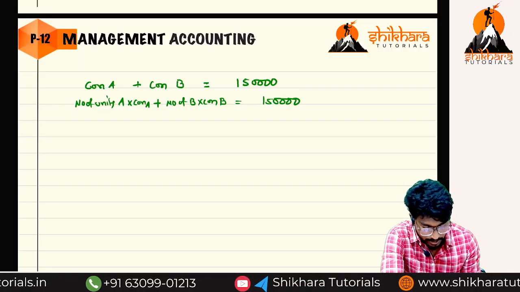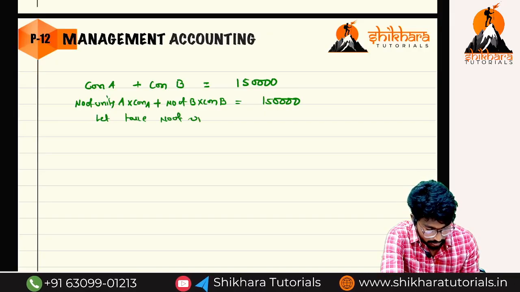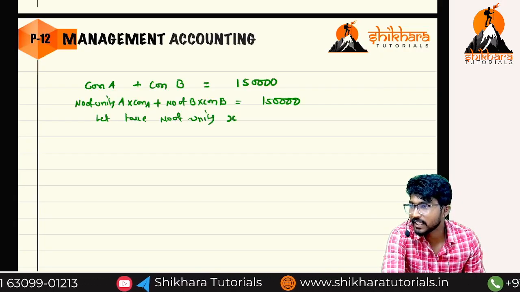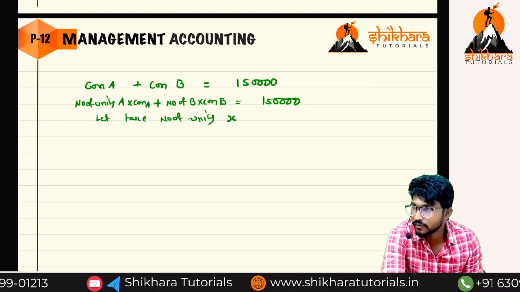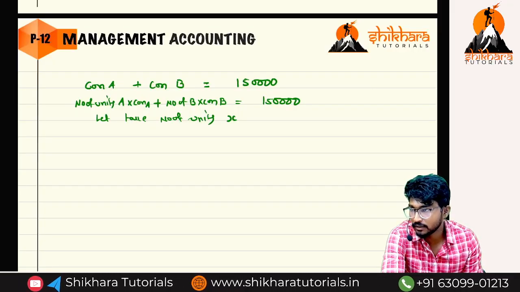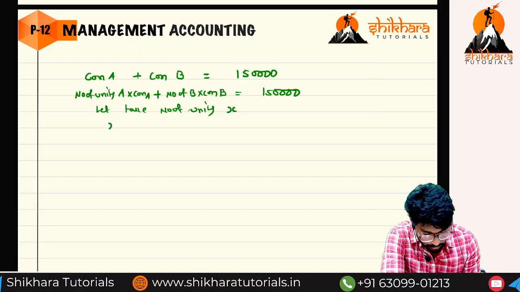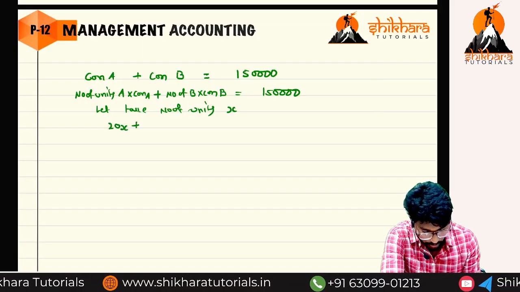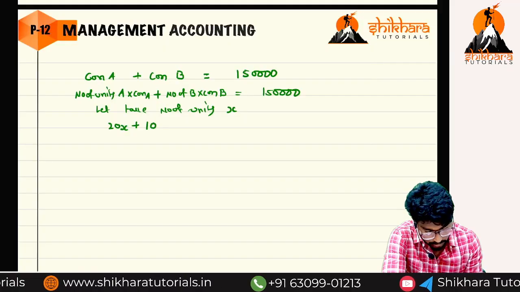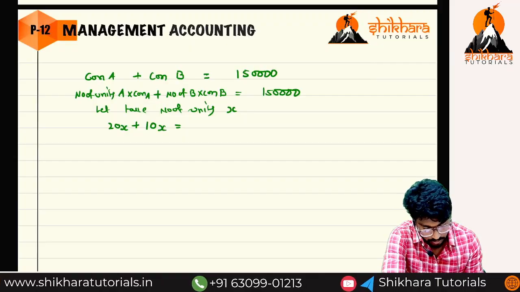Let's take the number of units as X. Now, what is the contribution of A? 20. So 20 into X, that is 20X, plus the contribution of B, which is 10, so 10X.